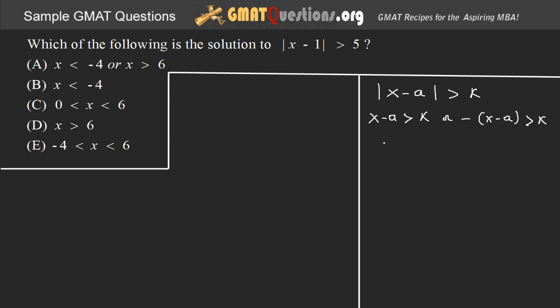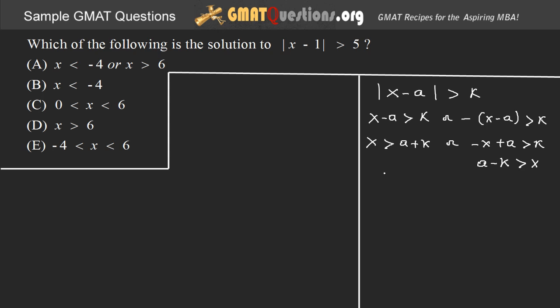If you solve this easily, you can see x greater than a plus k, or negative x plus a greater than k, which gives a minus k greater than x. What is important here is to isolate the x, because we're looking for x.